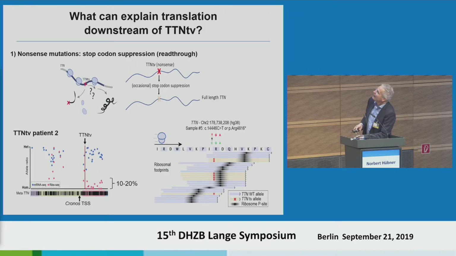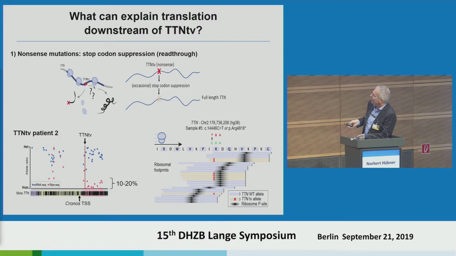So what actually can explain the translation of downstream titin truncating variants? What you can appreciate from this slide is where we have plotted the ribosomal occupancy around the stop codon of interest between wild type and those alleles that carry a stop codon.